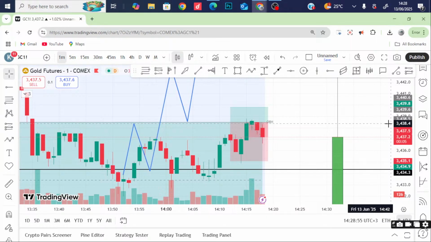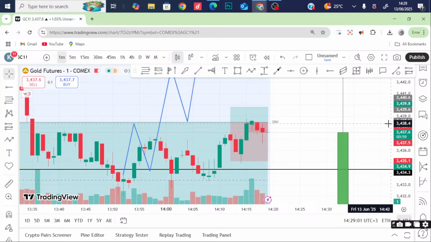You can see some of my students texting me on Instagram. They already took their trades. The open range breakout is the only strategy that you can use and understand as a beginner.